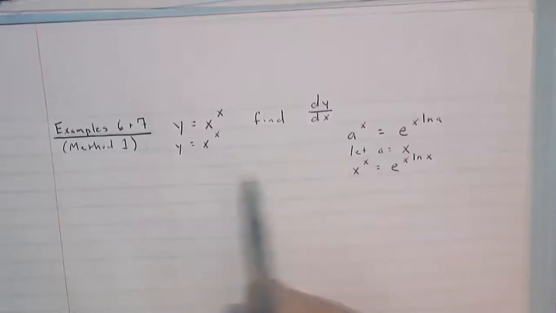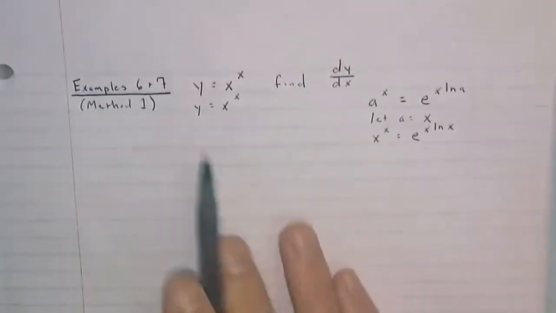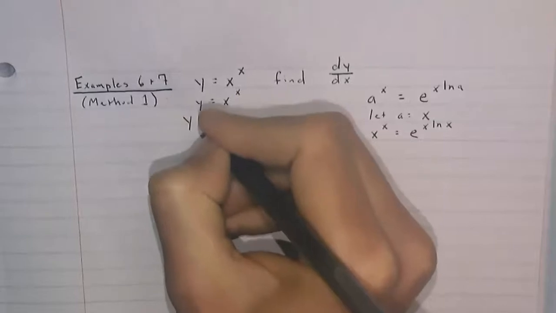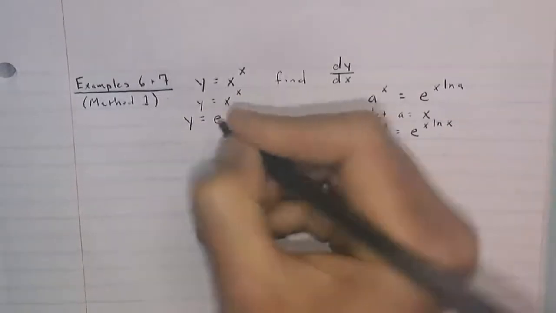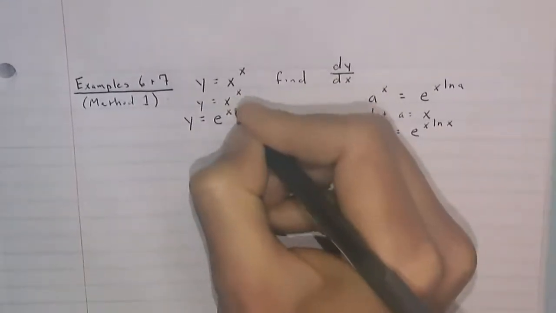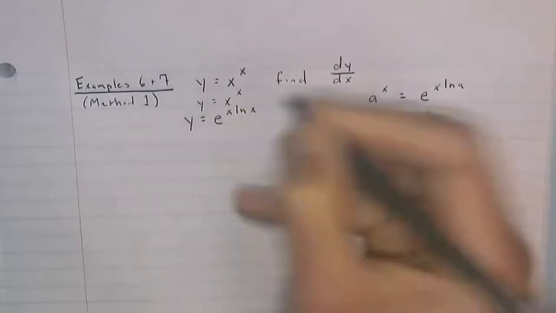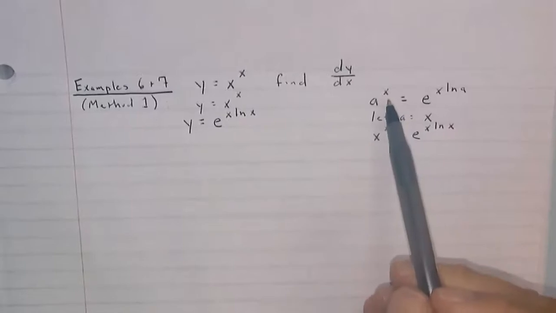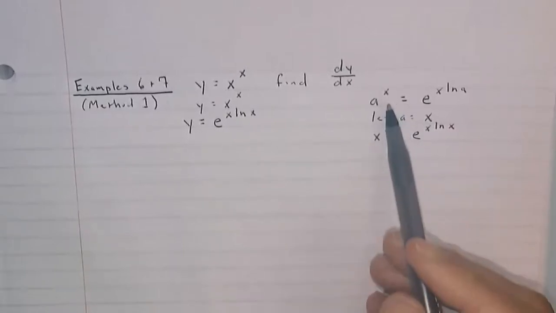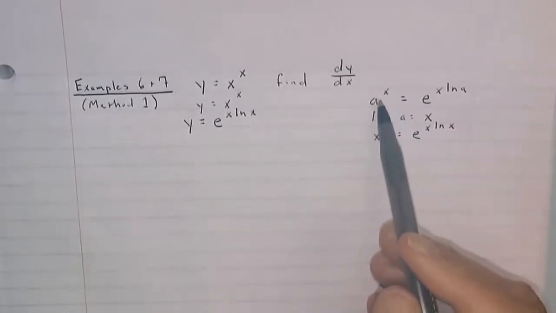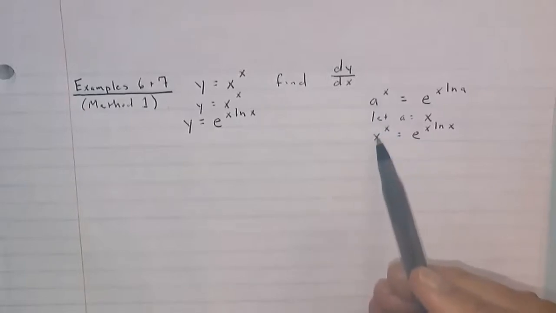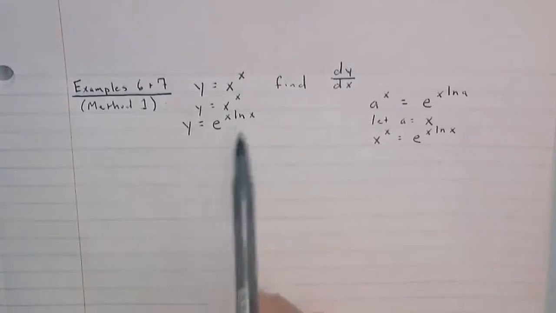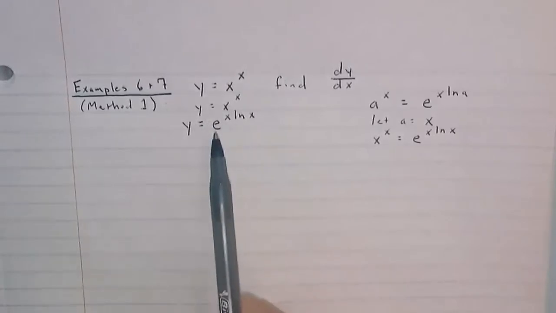And I tell you all that just so that we don't freak out when I write the next step, which is that y is equal to e raised to the x times ln of x. It just follows from our previous definition of a to the x, and understanding that in this case, our a is also x. Well, now this is something that we can more easily differentiate. Okay?